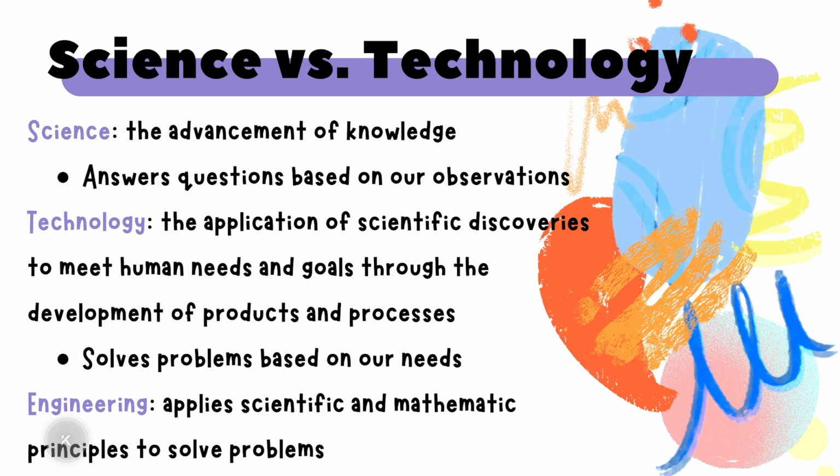However, we had to learn and get knowledge about waves, like sound waves, and battery technology, and everything else in order to build that cell phone. And then finally, engineering is going to be applying science and mathematic principles to solve the problems. So technology is achieved through engineering.